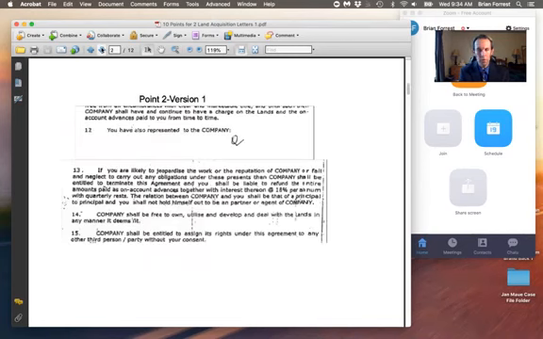Point number 2, version 1, clause number 12, ends on page 4 and has no content. It continues onto the next page with clause 13.